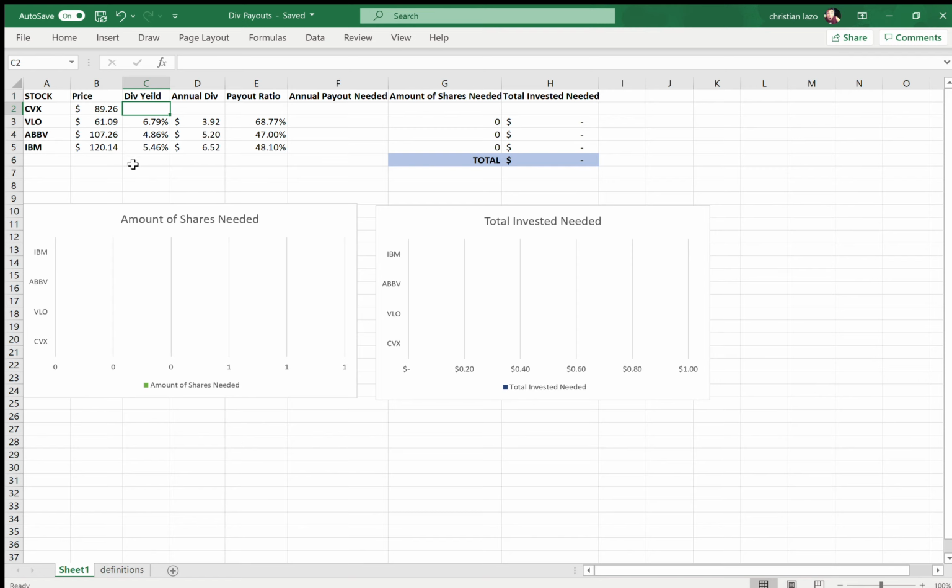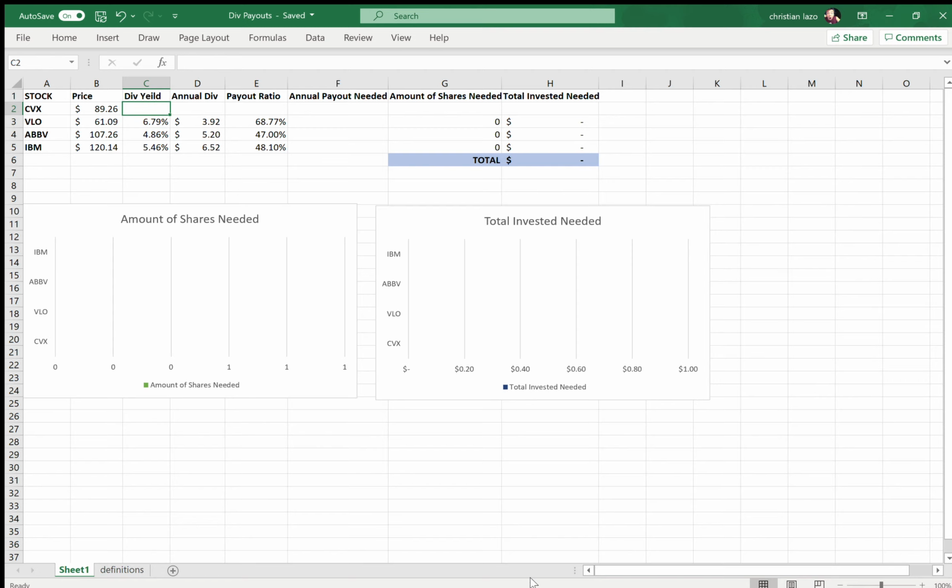Typically, an average dividend yield that's a good rating is between 4 and 6%. As you can see, these two are within that range. The one below is actually a little higher, but it's still within the 6 range. So to me, I think that's a pretty fair one.